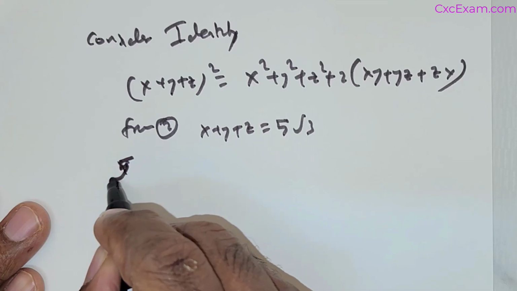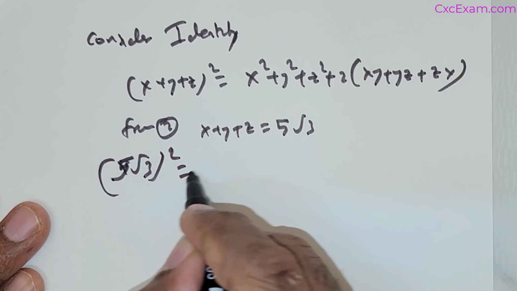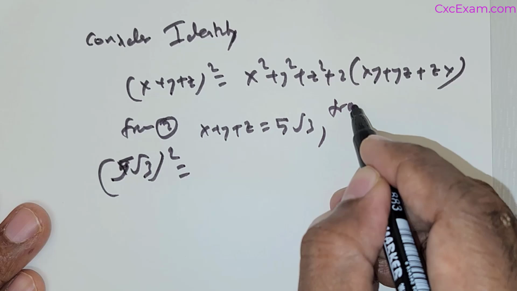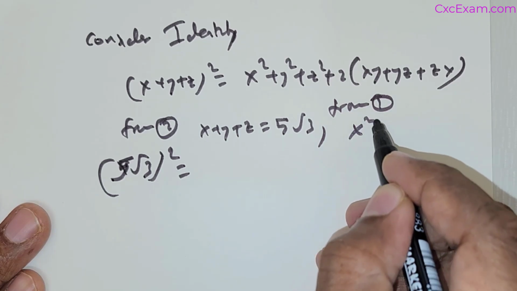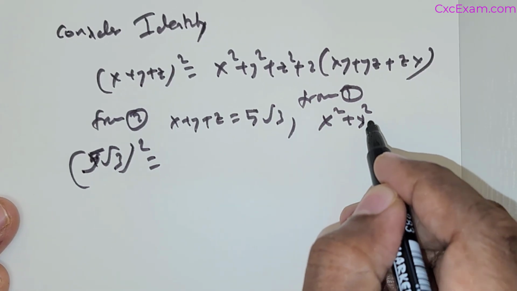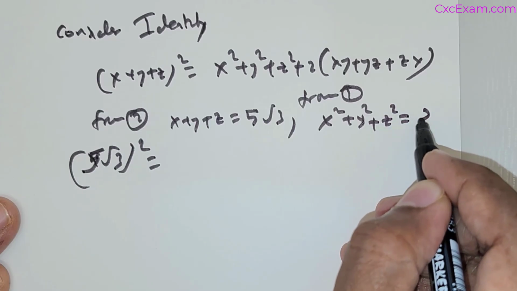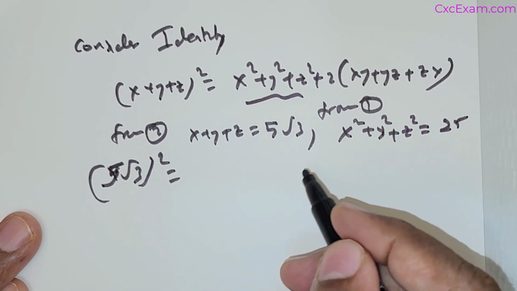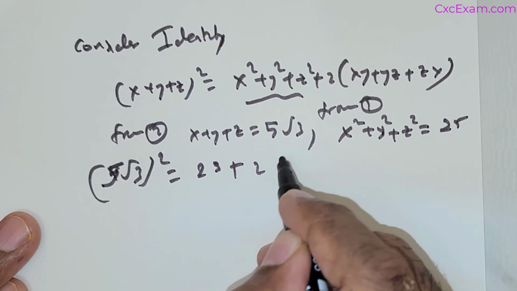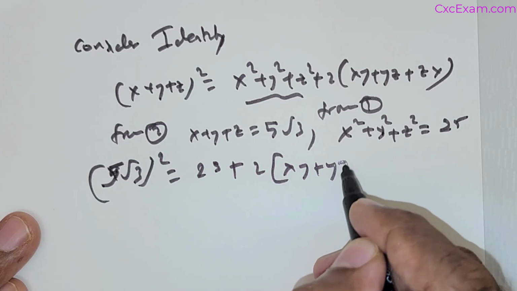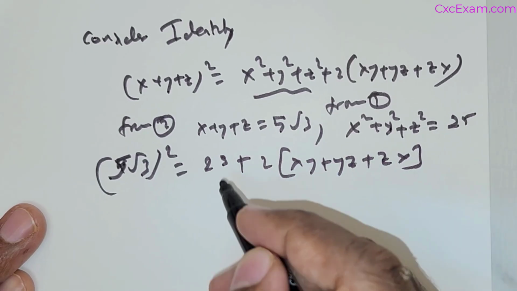So this is (5 root 3) whole squared, and also from 1 you got x squared + y squared + z squared is equal to 25. So this is going to be 25 + 2 times (xy + yz + zx).